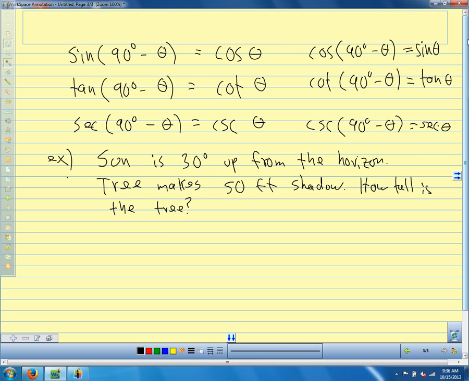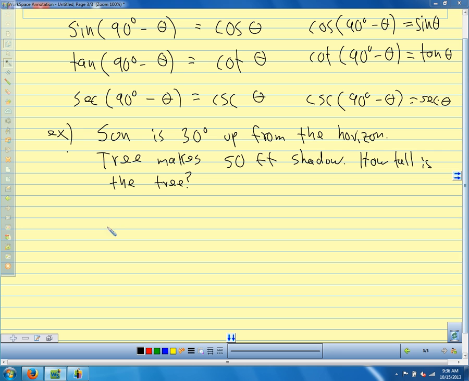So what I recommend on these kinds of problems is draw a picture. One, because it helps you do the problem, and two, because it's fun to draw these pictures. So here's my sun and my tree. The sun is shining down on this tree and is casting a shadow.